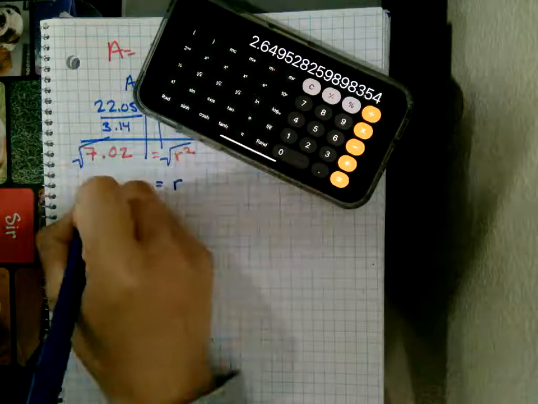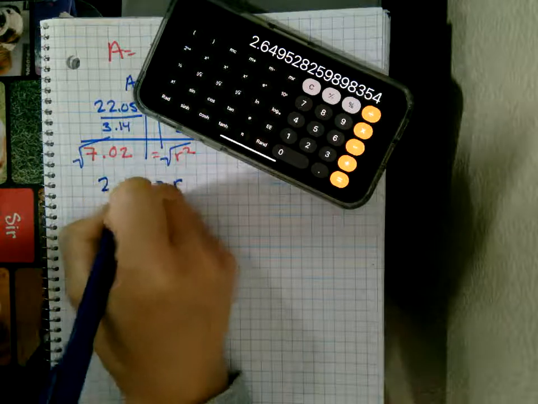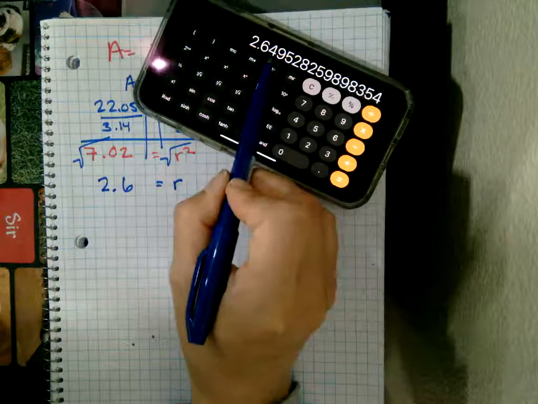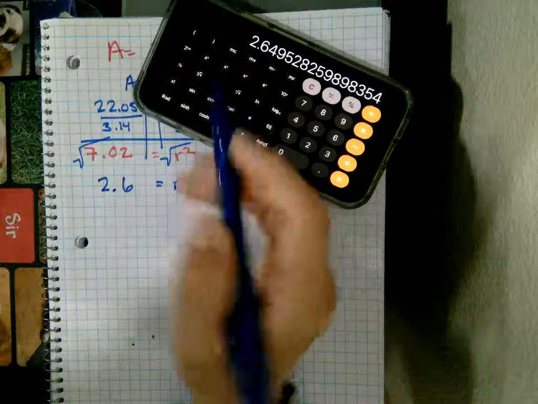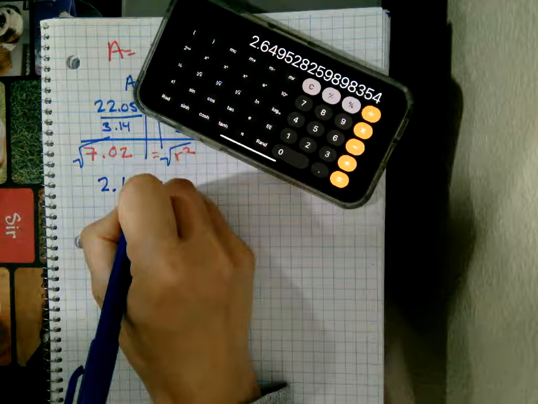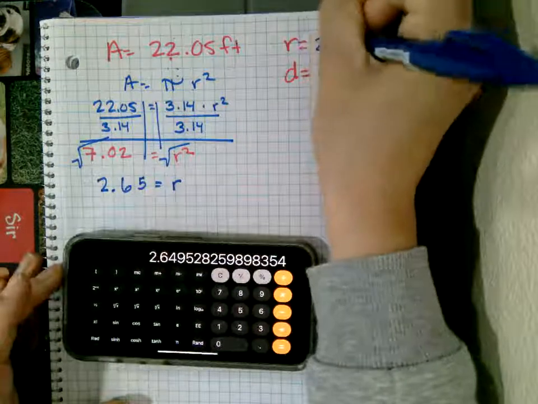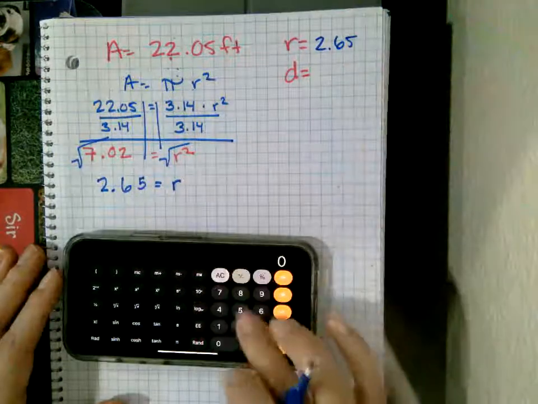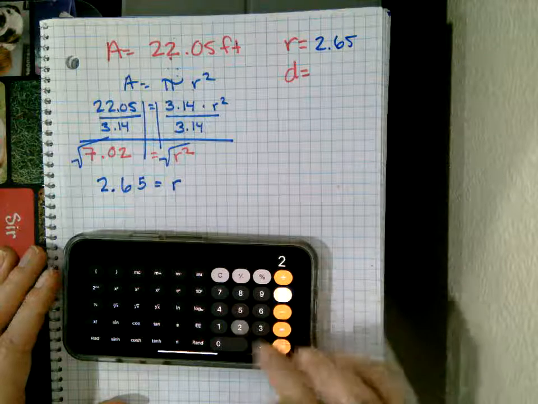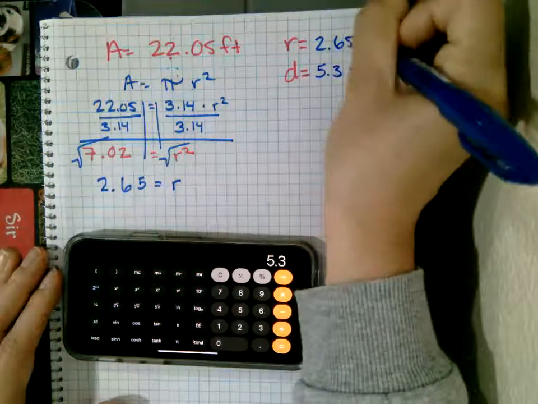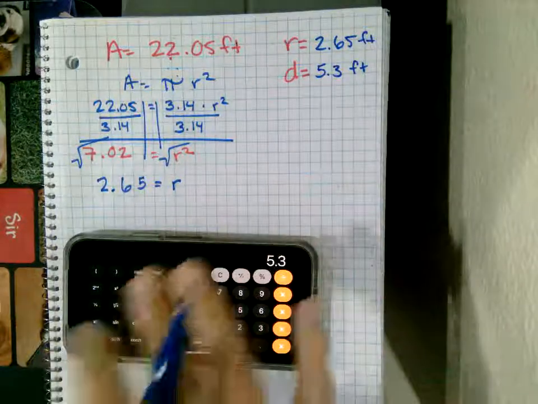Eeks, ugly number, but it's fine. 2.6... I'm going to round. What does the 9 tell the 4 to do? The 9 tells the 4 to go up, so it would be 2.65. That would be my radius, 2.65. 2.65 times 2 is 5.3 feet. Then I could do circumference if I wanted to.